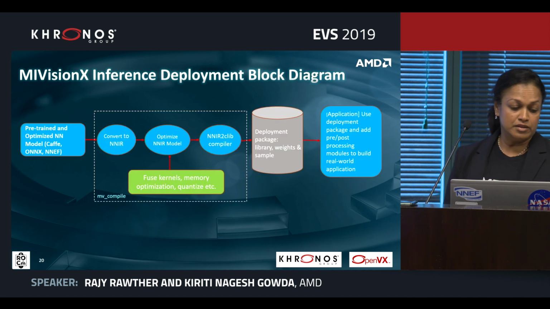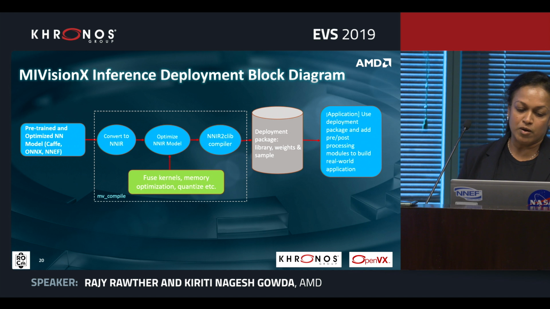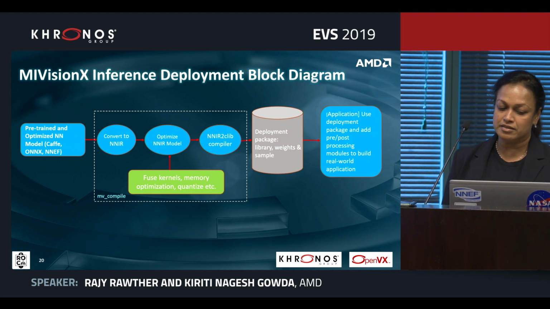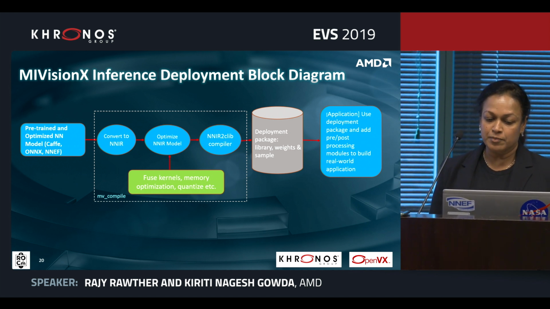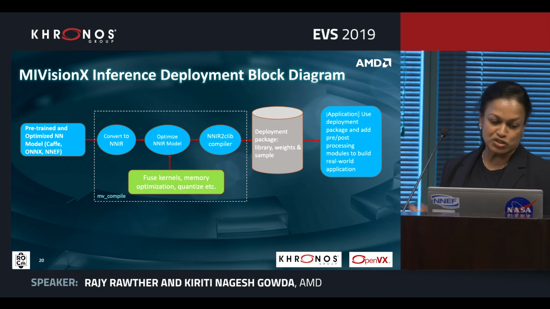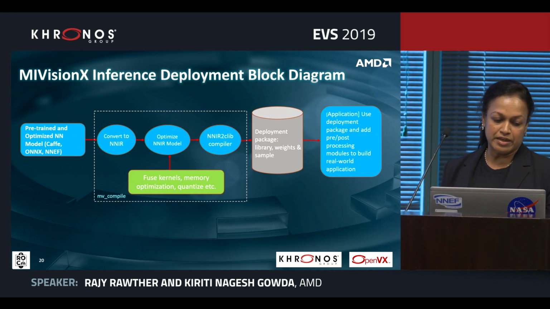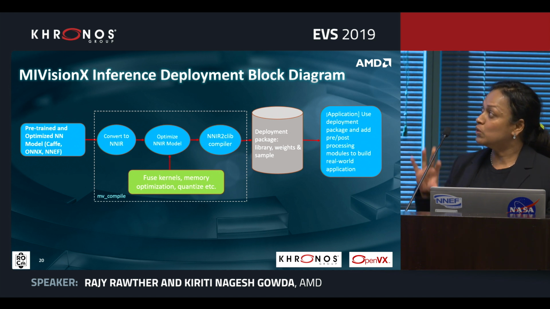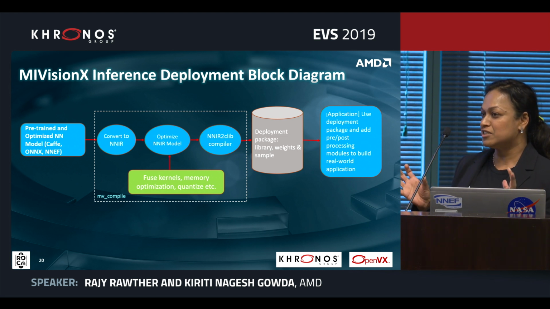So I thought it's better to show in a block diagram what the stages of this inference deployment library look like. We start with a pre-trained neural network model, and then we convert to NNIR. Then we optimize the model in that intermediate representation because we just want to deal with one representation when it comes to optimization.